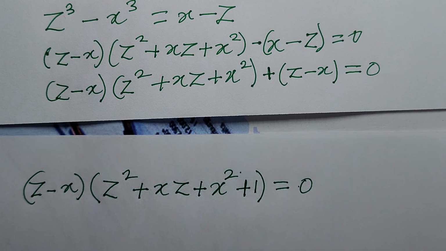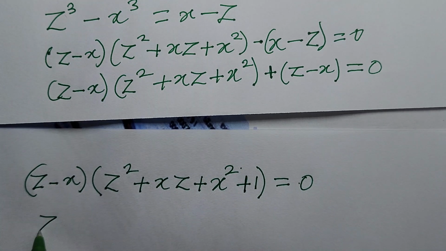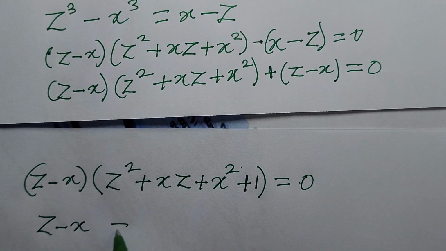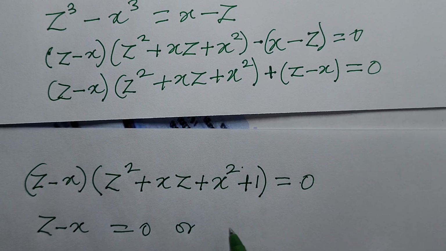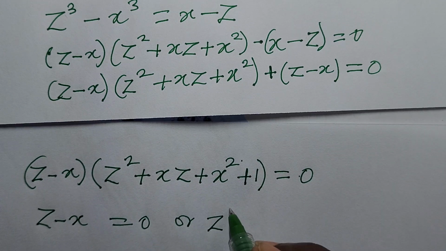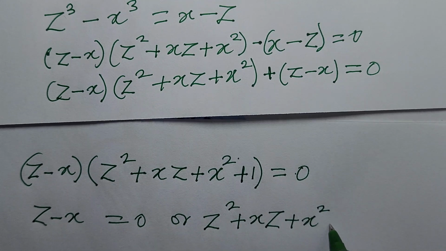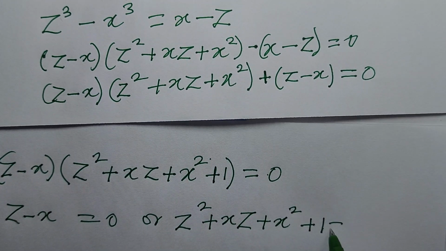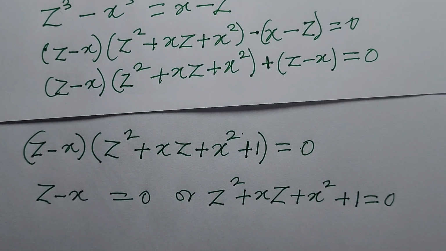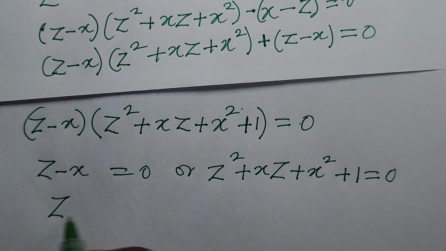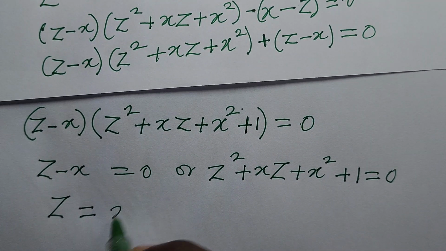Again, we apply the zero product rule, whereby we have z minus x equals 0, or z squared plus xz plus x squared plus 1 equal to 0. So here we now have z is equal to x.